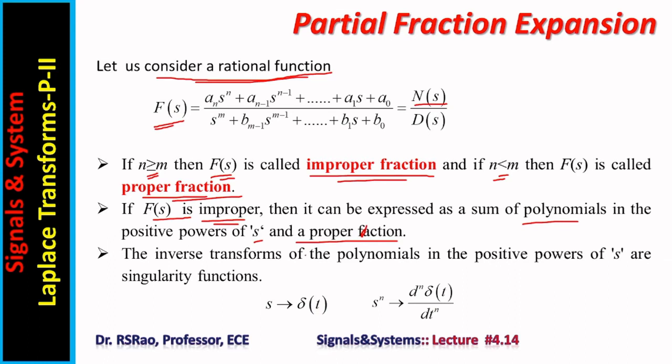The inverse transforms of the polynomials in the positive powers of s are singularity functions. Inverse transform of s is impulse. Inverse transform of s power n is nth differential of impulse function.